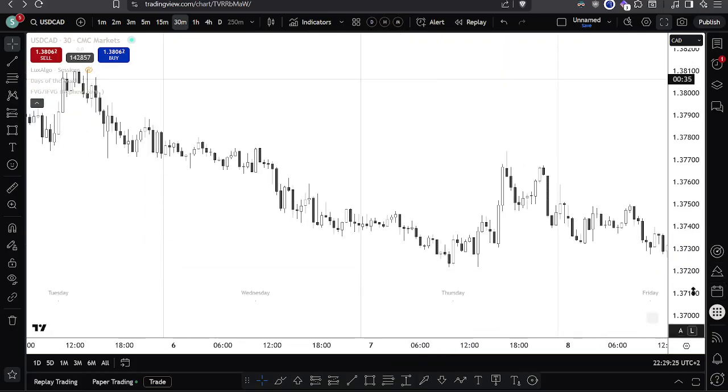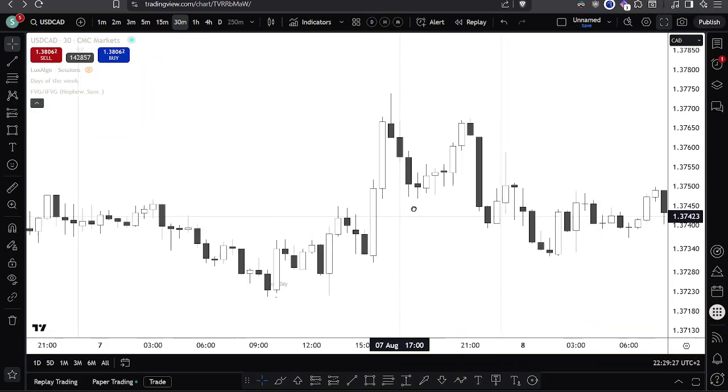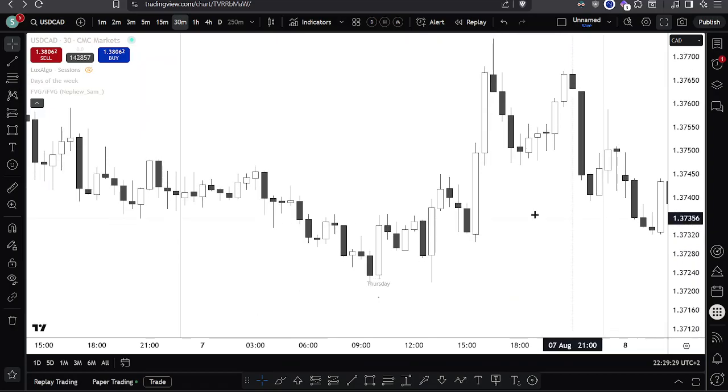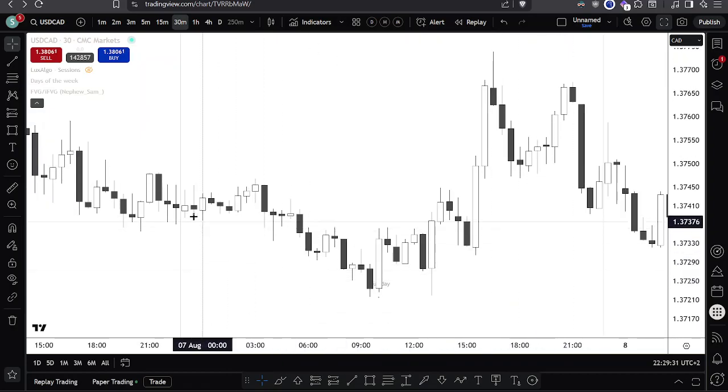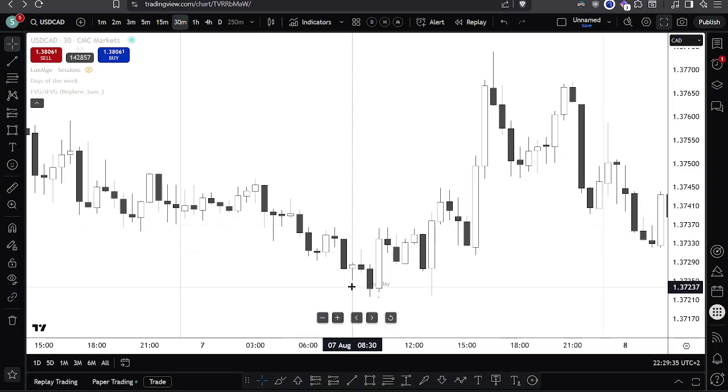We go down. This is M30 now on this day. Price keeps falling down, keeps falling down. Closes lower, goes higher. This is too close to use, but yes, it's here.